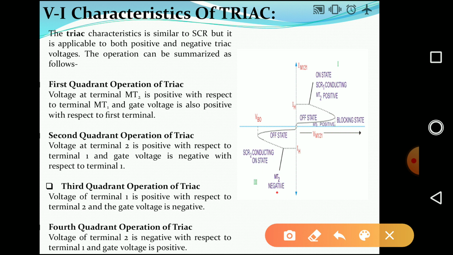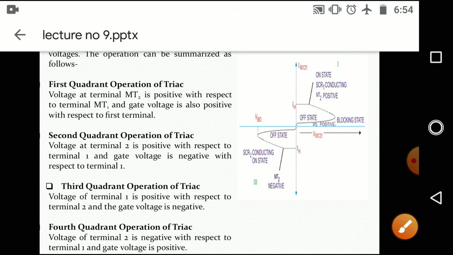Again it has three conditions: off state, blocking state and conducting state. When supply is not applied, it operates in the off state. When supply is given but is less than the breakover voltage, it operates in blocking mode. And when the gate pulse is applied, it starts conducting, in the conducting state.